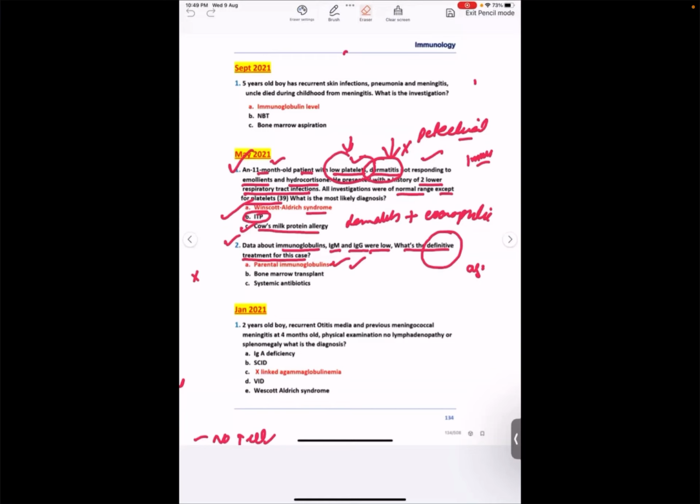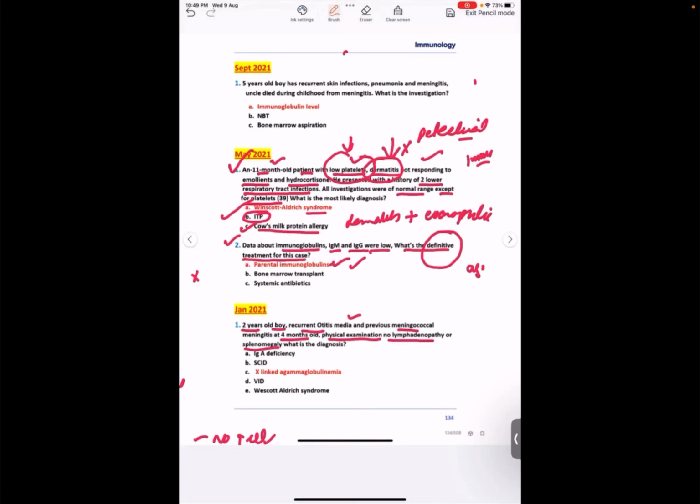Okay, so I'm discussing this January 2021 question, right? A 2-year-old boy, recurrent otitis media, recurrent infections, physical examination, no lymphadenopathy, no splenomegaly.